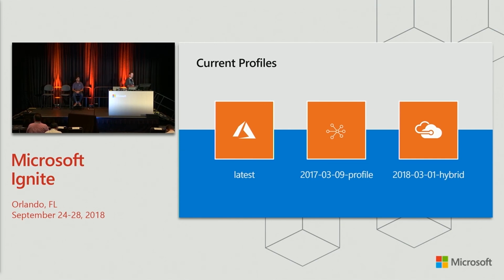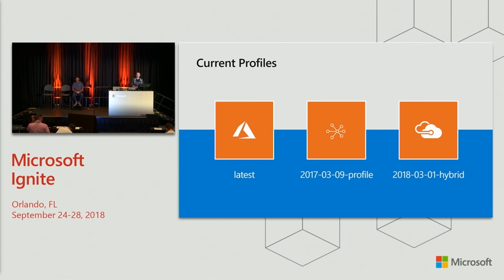You can also use what we call profile latest. When you are on the tooling and you use -AzureRMProfile latest, it means that you are using all the latest capabilities of the Azure cloud.